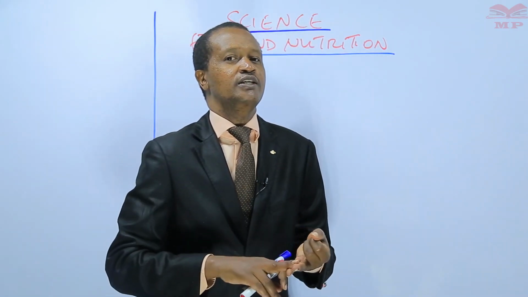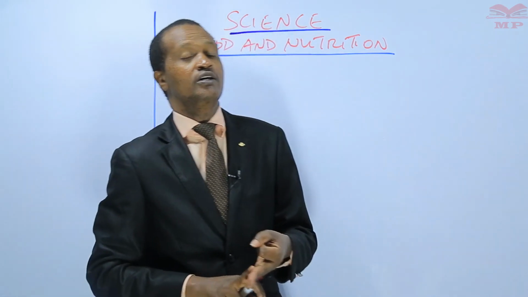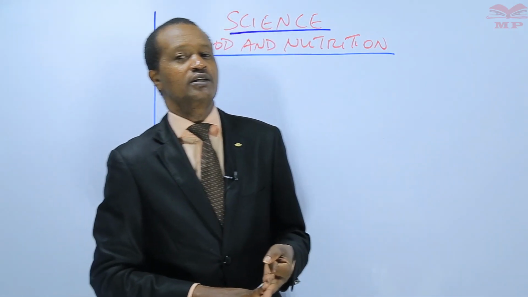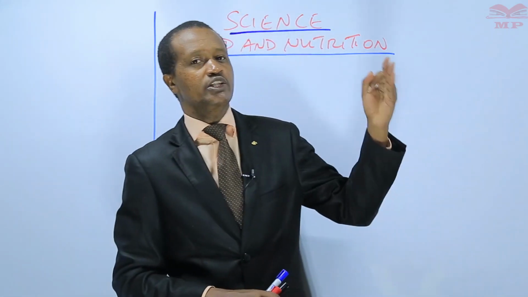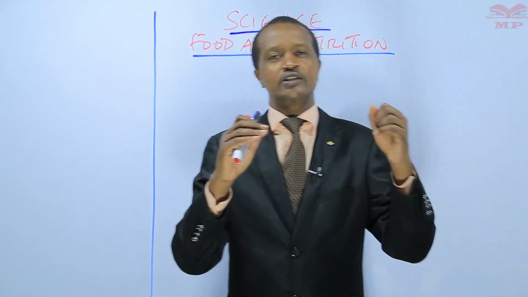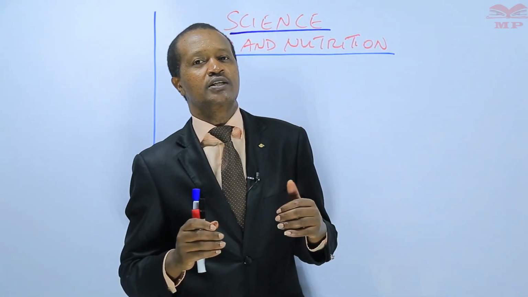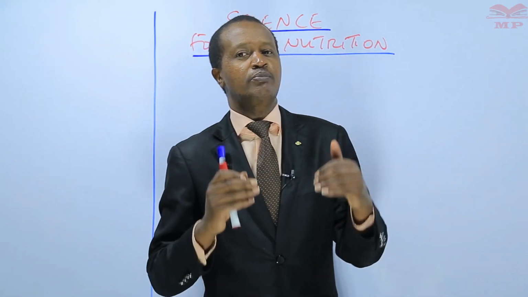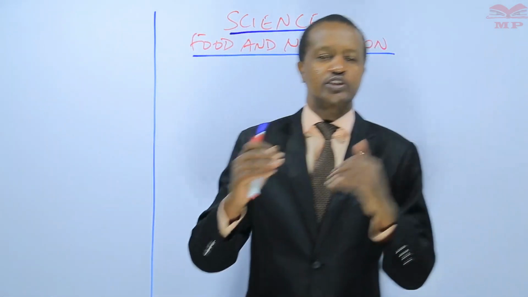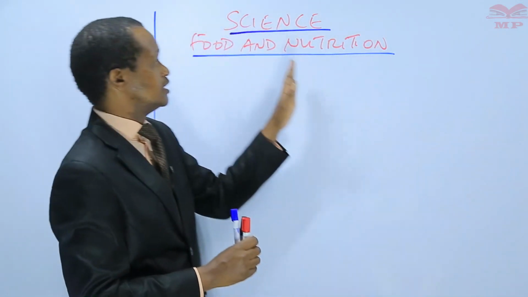We will study the methods of preserving food, the traditional methods and the modern methods. Then we will learn proper food storage. That is what we will cover in this topic.